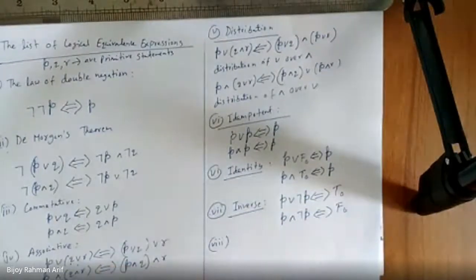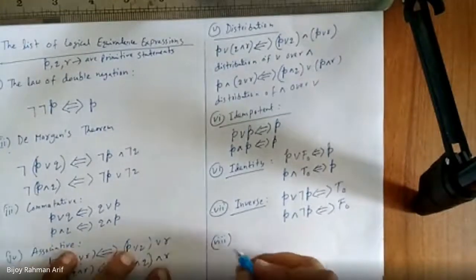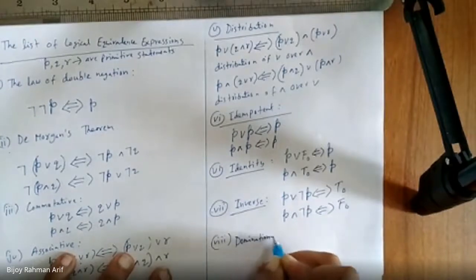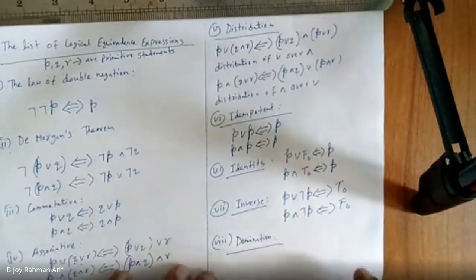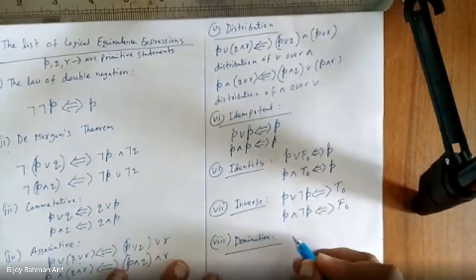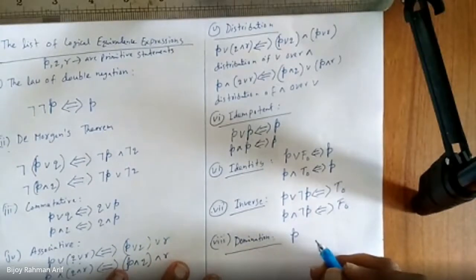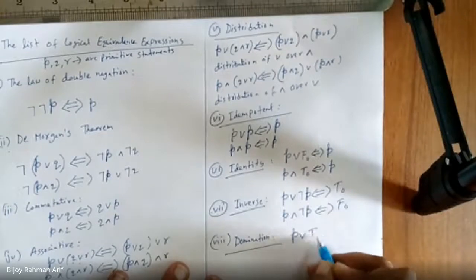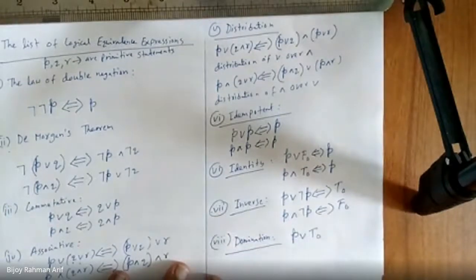Then domination. Domination by the tautology and contradiction. P or T not, what would be the answer? It would be always T not.